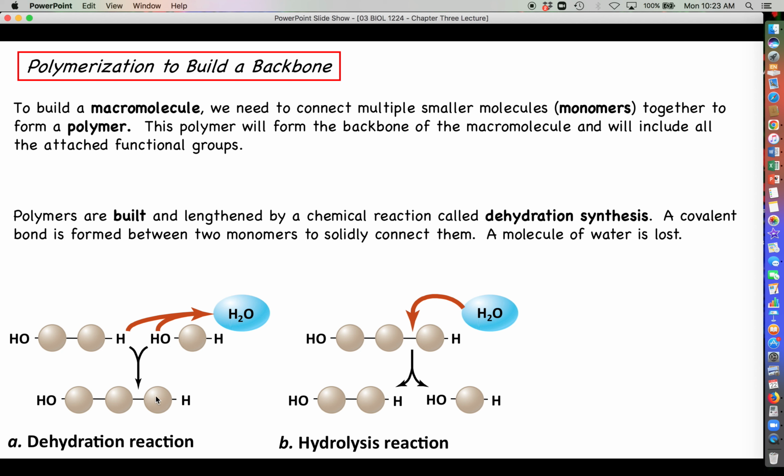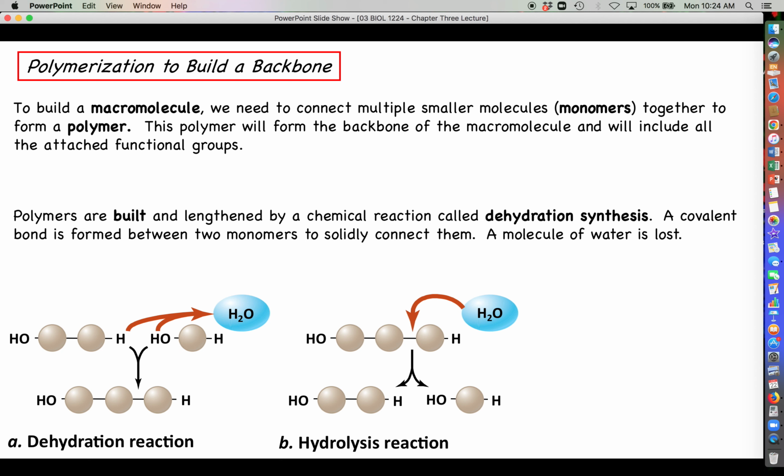So when we form this new covalent bond between these 2 monomers, we lose that element of water, the 2 hydrogens and the oxygen, and a water molecule is generated, which is why we call this dehydration synthesis. We pull out a molecule of water in the process of connecting these 2 monomers with a covalent bond. So that is how we build polymers.